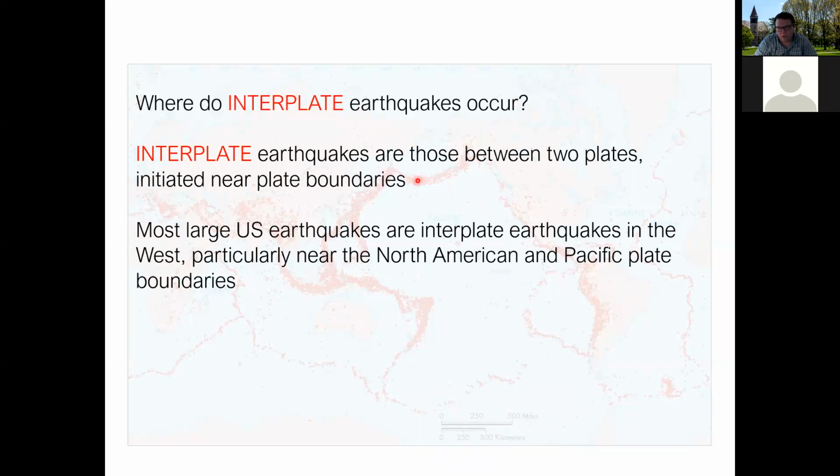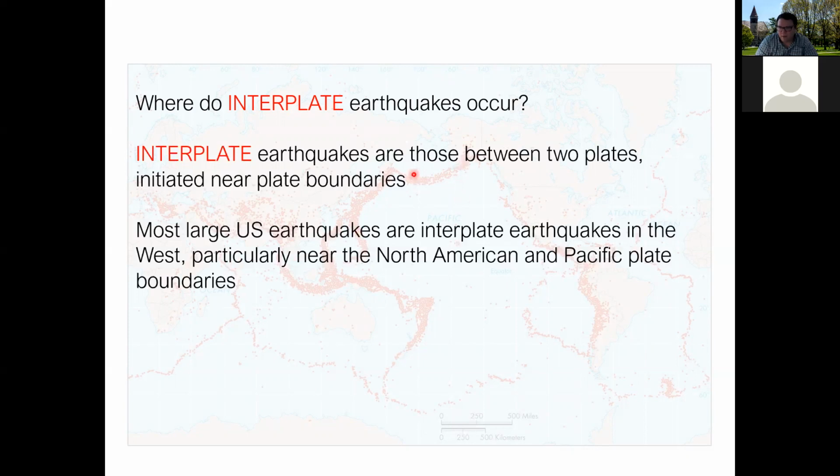That's by and large the most common. So most large earthquakes are interplate earthquakes, particularly around the Pacific Ring of Fire, where you have subduction and transform, so convergent and transform plate boundaries all around the Pacific. The amount of interplate seismicity there is quite profound.